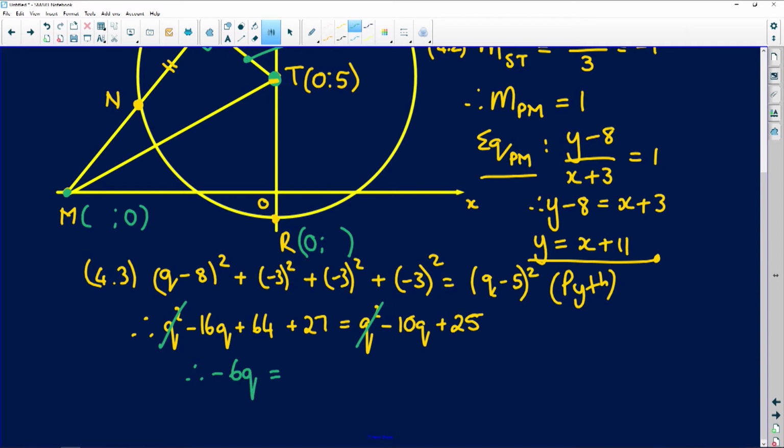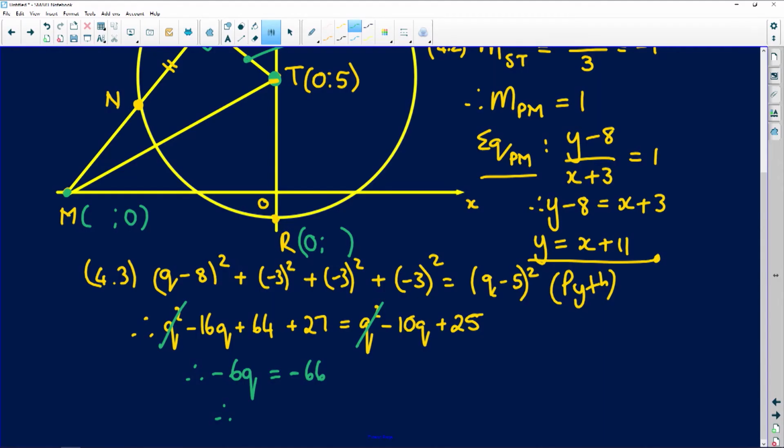Now, folks, if you add all of this together, in other words, you add those two, you throw it over, and you add the 25. When that goes over, it becomes negative. You can do that on your calculator. It gives you minus 66. So now we're in a position where we can find q. Minus 6 divided into minus 66 leaves us with q as 11.